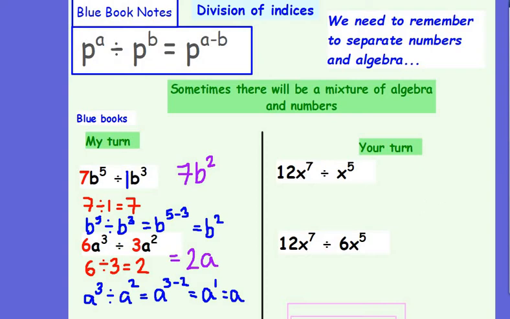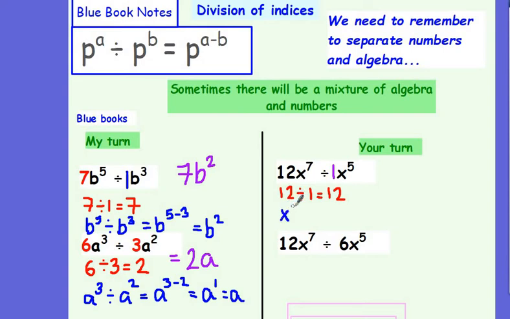Right, let's go through the answers. So for the first one, my numbers, let's pretend there's a 1 here. I've got 12 divided by 1, which is what, Lilia? 12, excellent. Let's look at my letters.